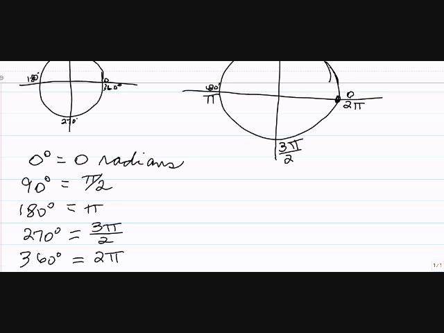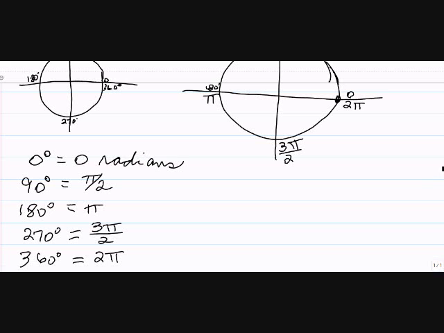Okay, so there's a couple of ways I can go from degrees to radians and radians to degrees. I can use a little formula, or I can memorize things around the unit circle. I think we'll use a little formula first. So let's say I had something that wasn't on one of these axes.